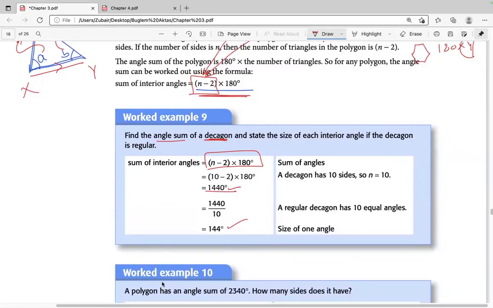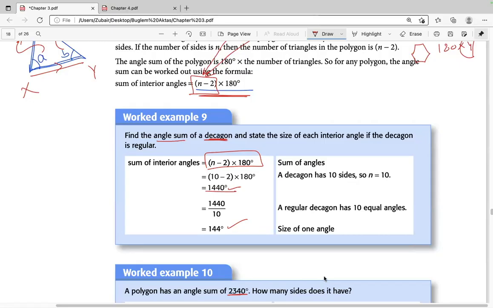Worked example 10. A polygon has a sum of 2340. How many sides does it have? Sum is 2340. 13?